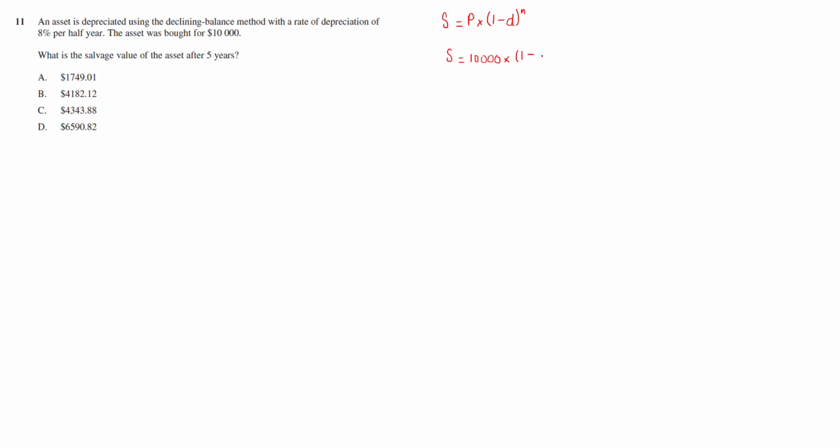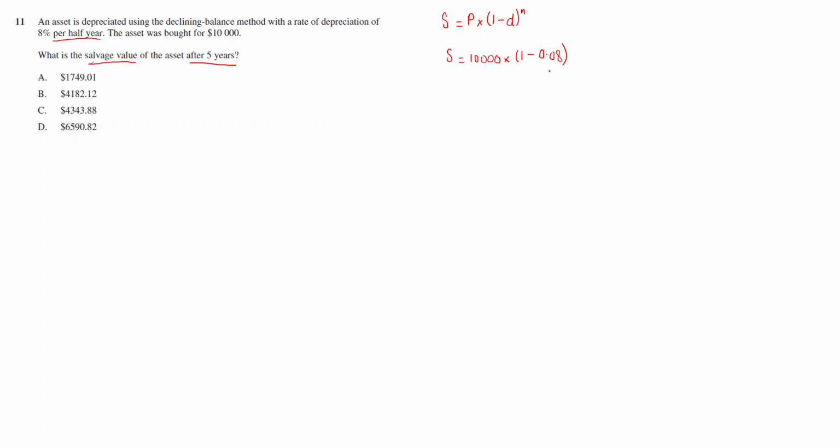Depreciation rate is 8%. But be very careful that this rate is for half a year, and the salvage value that's asked to be calculated is for after 5 years. So the asset is depreciating 8% every 6 months.